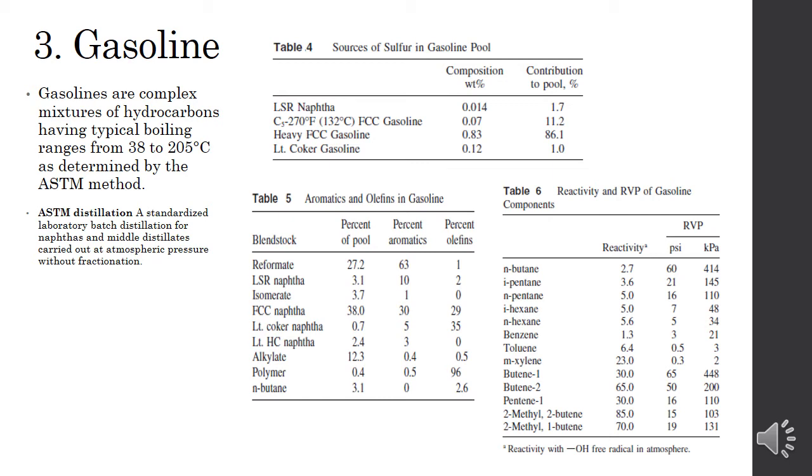Normal butane is blended into gasoline to give the desired vapor pressure. The vapor pressure of gasoline is a compromise between a high RVP to improve economics and engine starting characteristics, and low RVP to prevent vapor lock and reduce evaporation losses.